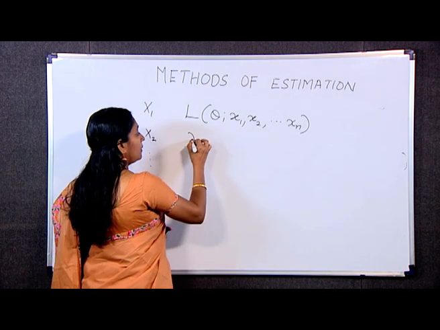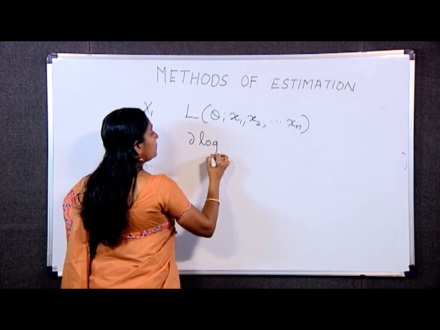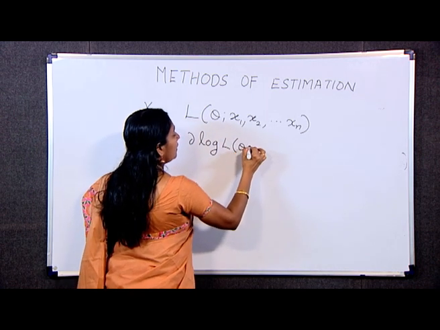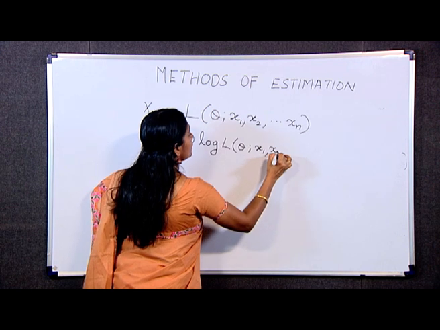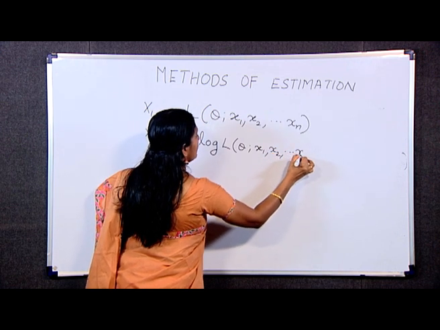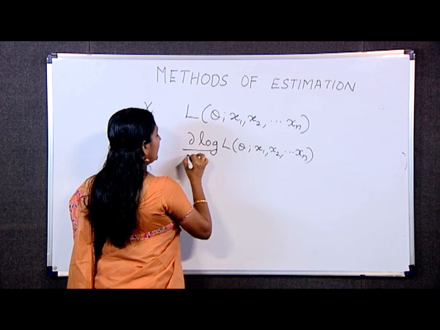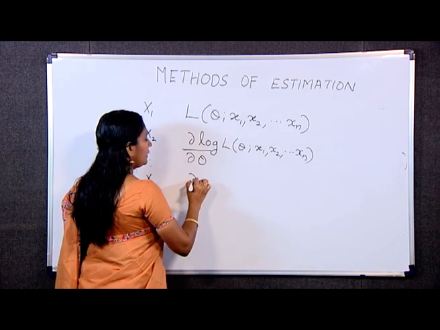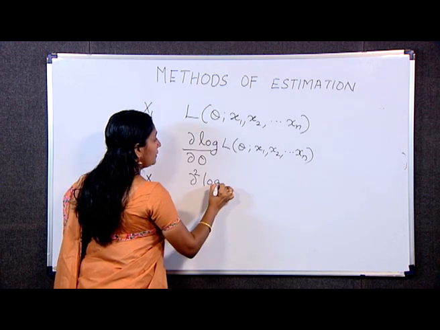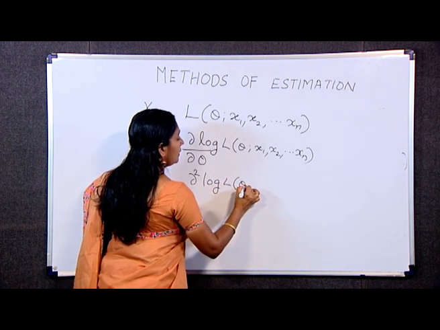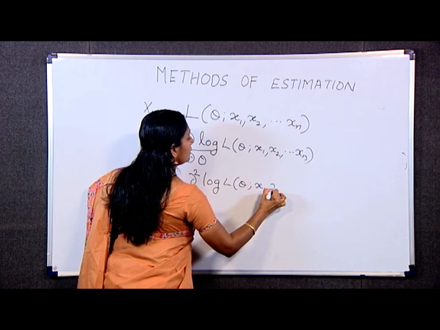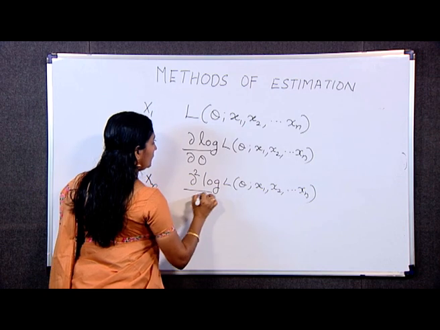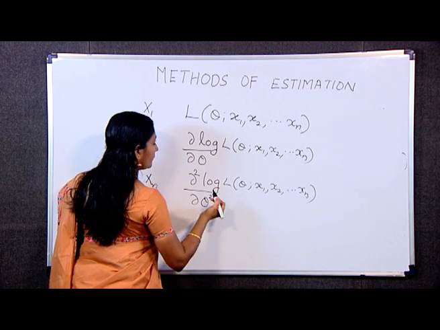So, we find the partial derivative of the logarithm of L(theta; x1, x2, ..., xn) with respect to theta, and also the second derivative, dou square log L(theta; x1, x2, ..., xn) with respect to theta.